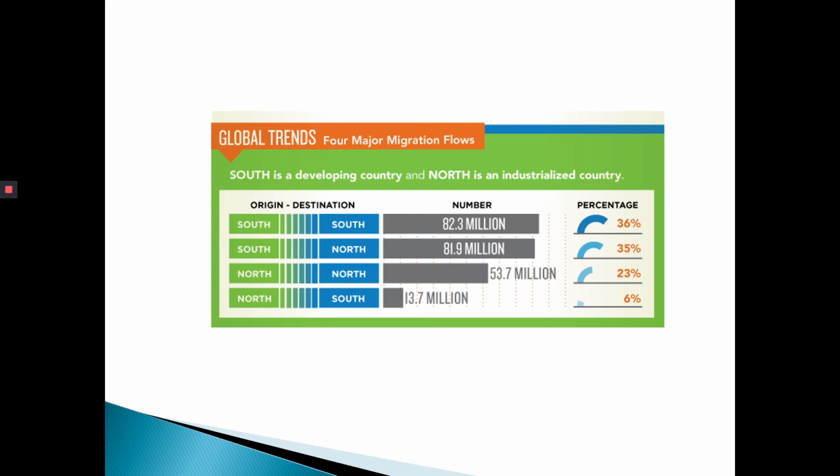You might consider, for example, why do people not say, well, I'm going to leave the United States and move to Ethiopia? That would be a north-south migration, industrialized country to a developing country. Most people tend not to choose to do that.